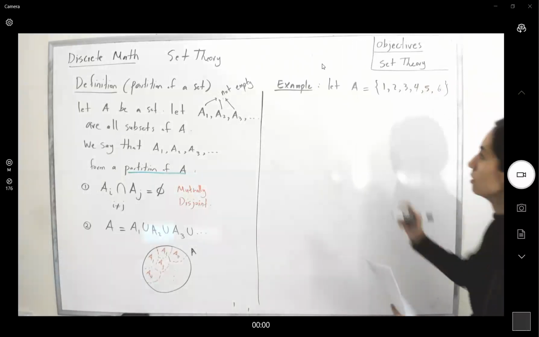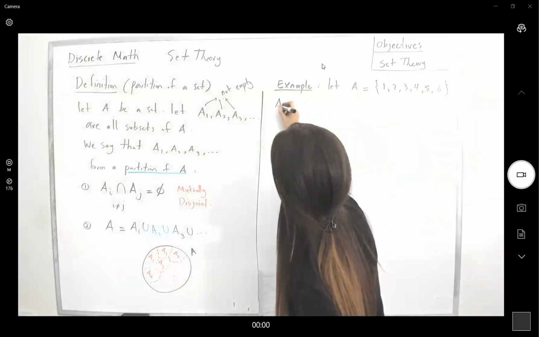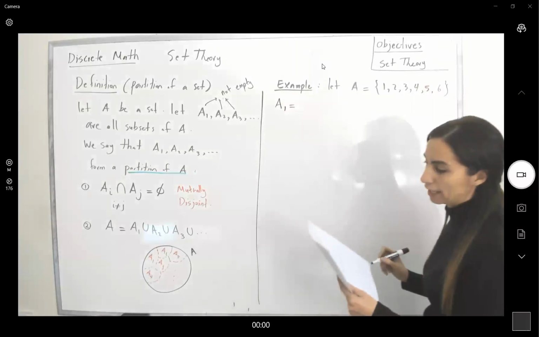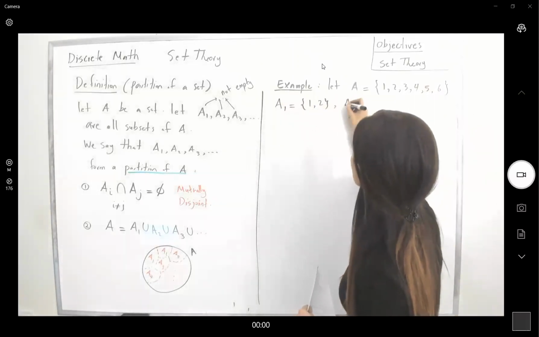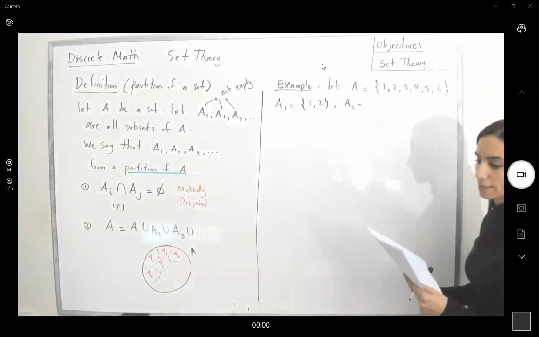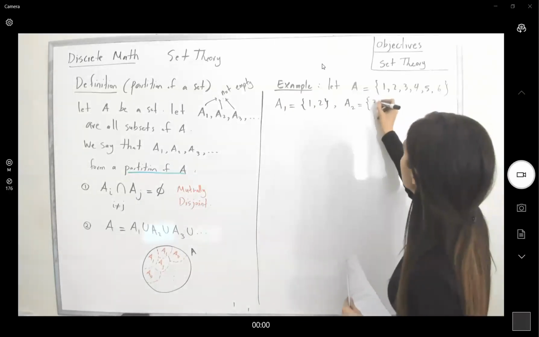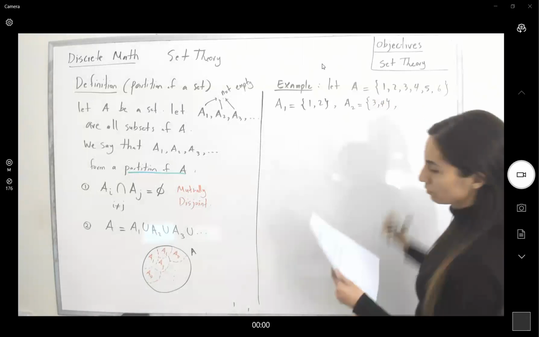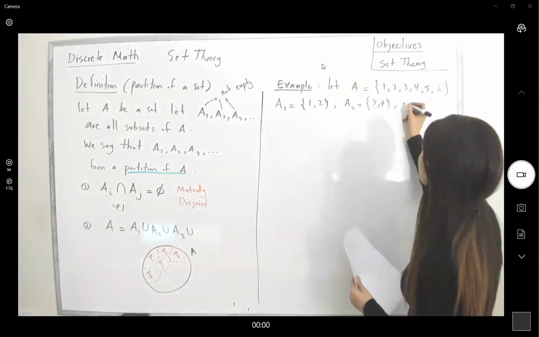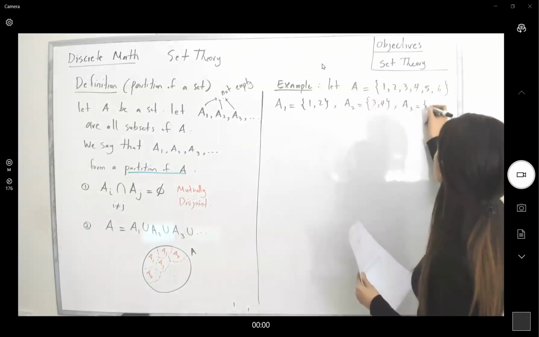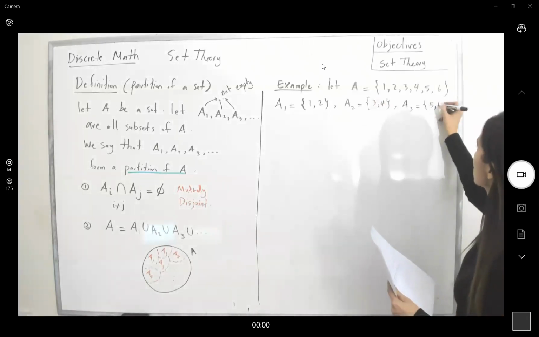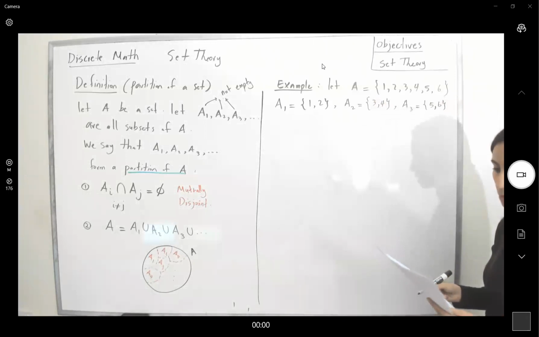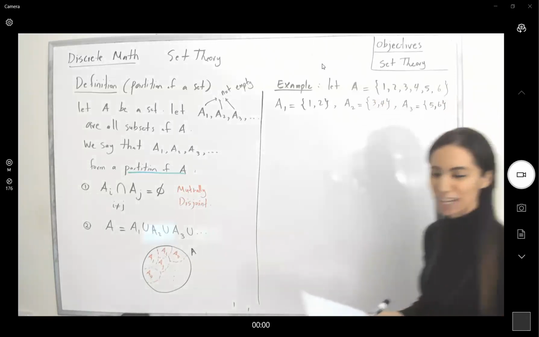Then you have A sub 1, which is defined as the set including 1 and 2. A sub 2 is the set including 3 and 4. A sub 3 is a subset of A including 5 and 6. Then the question says, do you have a partition for A?